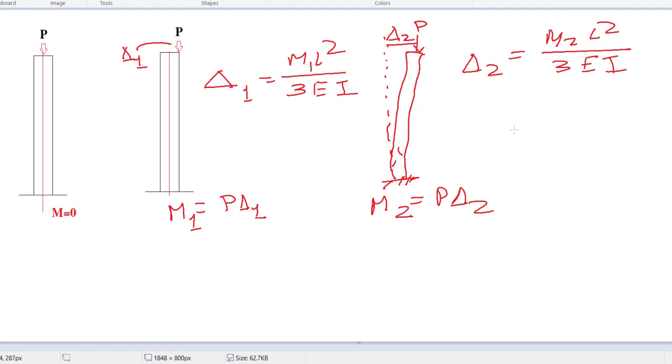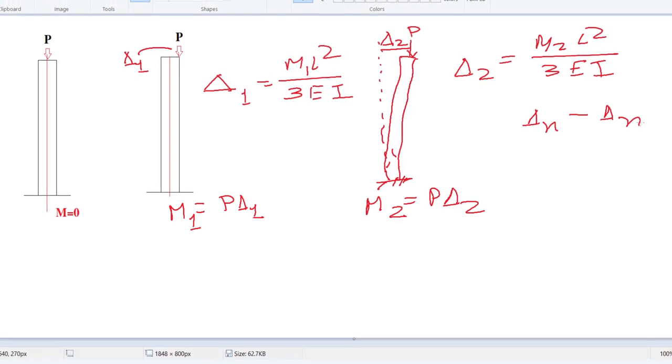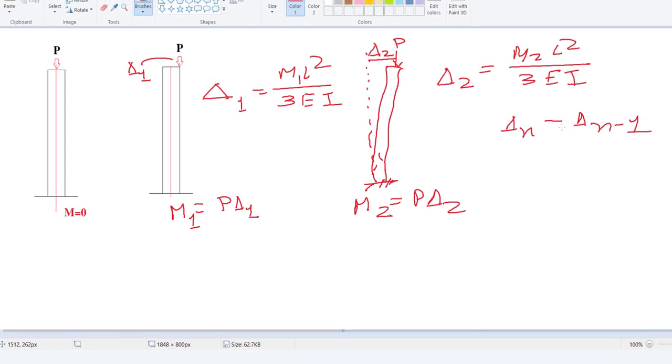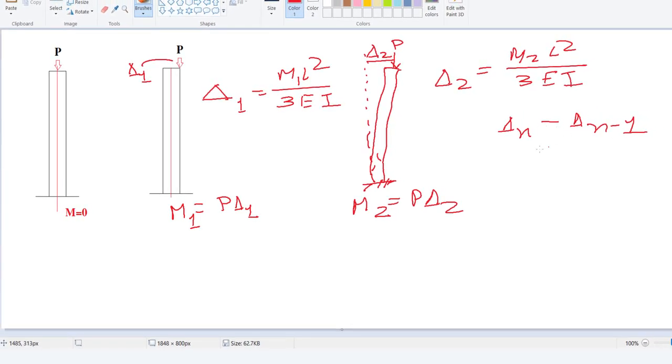So if we go up to n number of iterations, then there would be a point when the difference between, say for example, delta n and delta n minus 1, that is the nth level of iteration, let's give it a name like x.